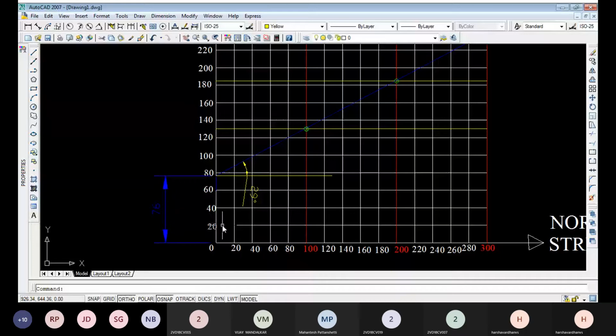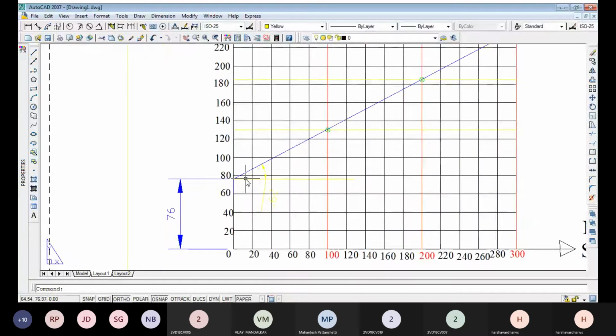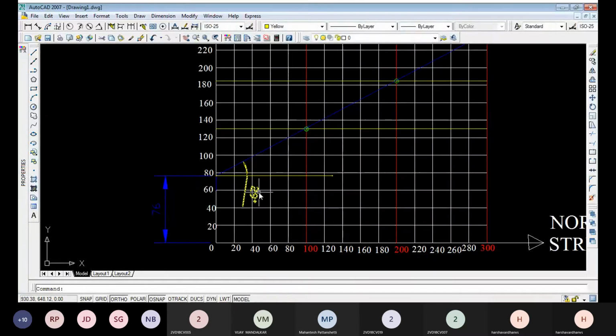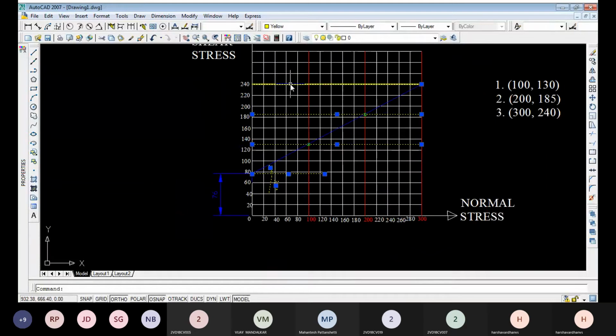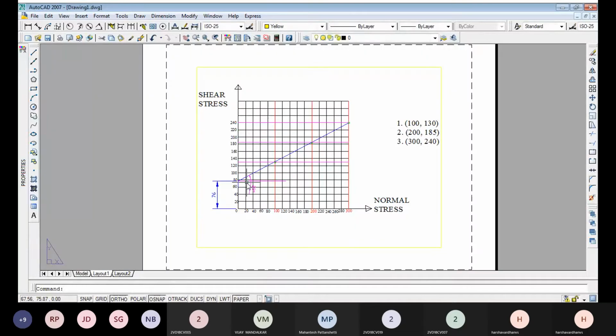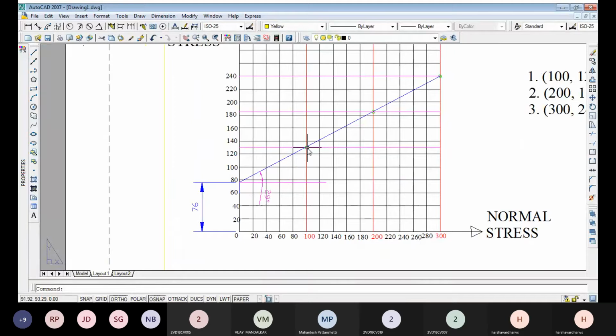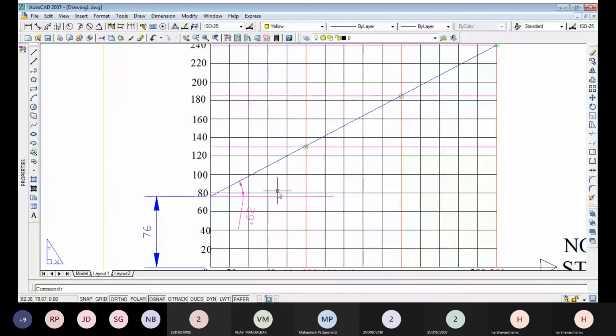So this is how you plot a graph using direct shear test values. So this is the graph.